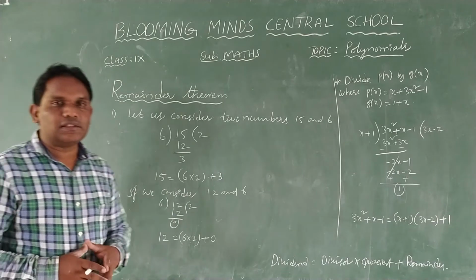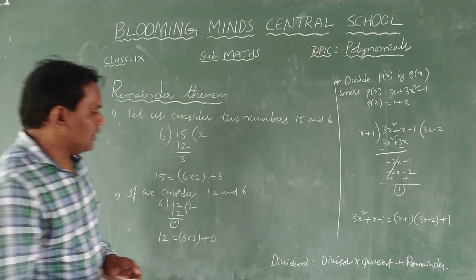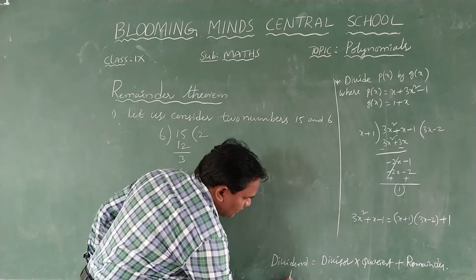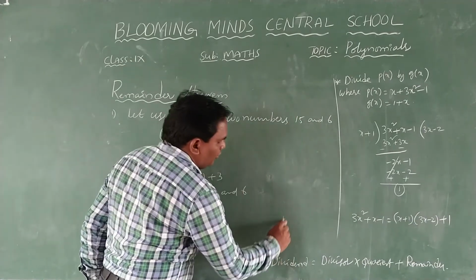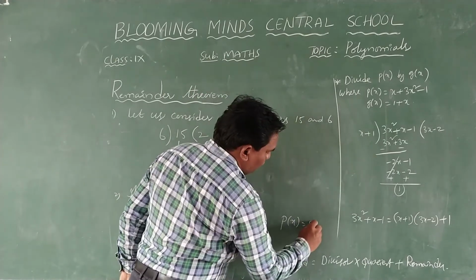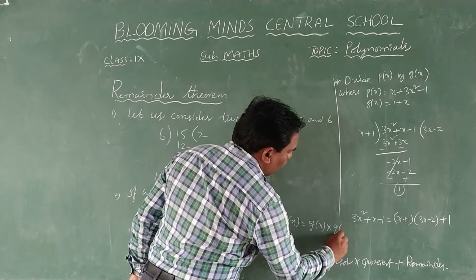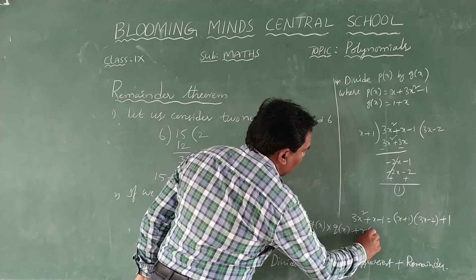So by using that we can define the remainder theorem: dividend is equal to P of x, divisor is G of x, into quotient is Q of x, plus R of x.